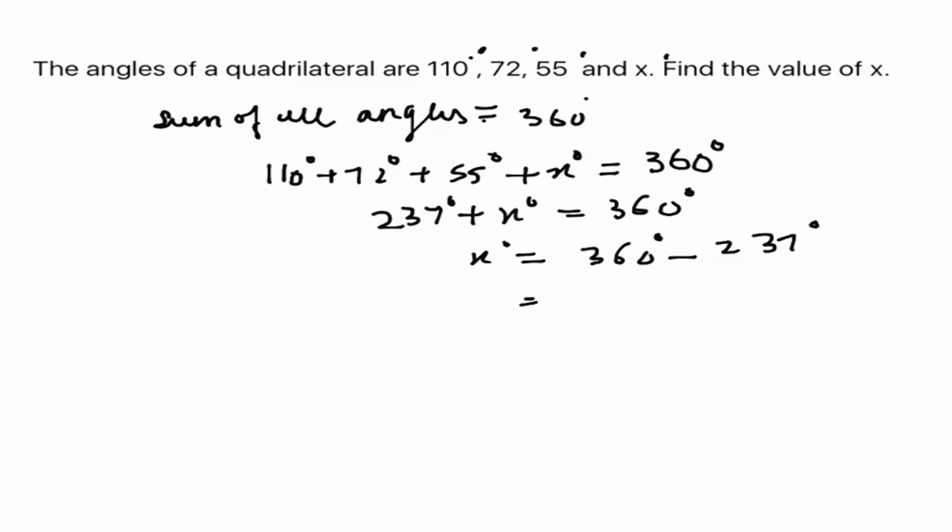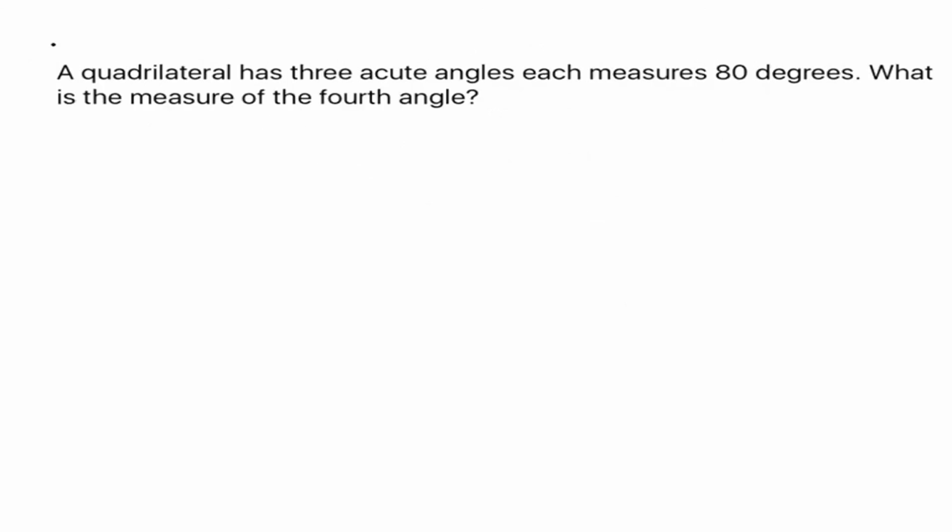When we subtract these two, we will get 123. So the value of x is 123 degrees. Now to cross check, we can add 110 plus 72, 55 and 123. If the value is 360 degrees, our answer is correct, otherwise wrong.